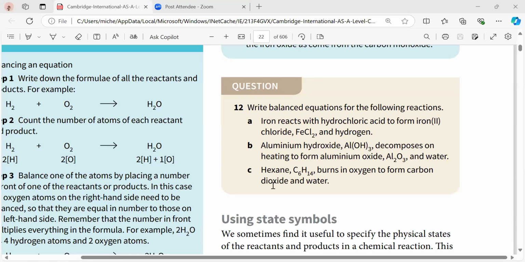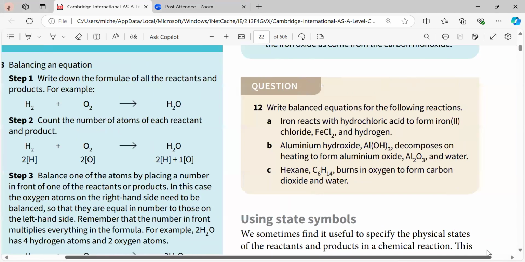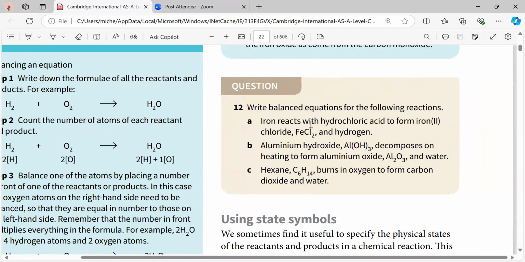If I recall the last meeting, which I think was last week, we were learning about balancing the chemical equation. On the last meeting, I was trying to solve this question.